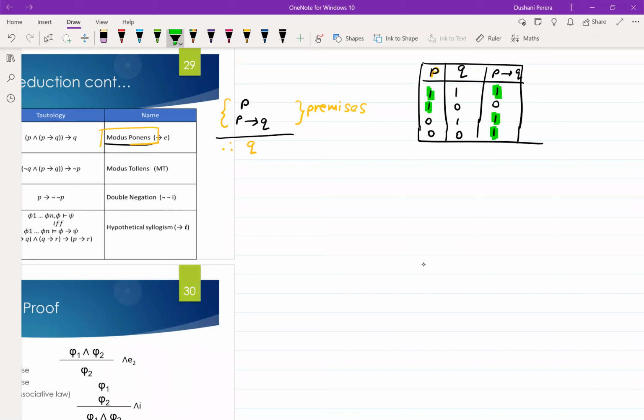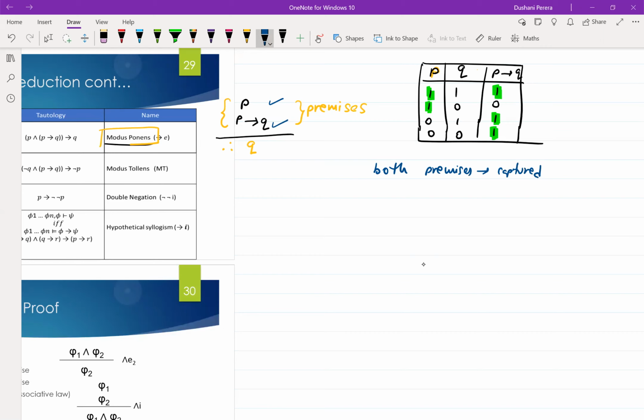Okay. Now how do we derive the conclusion? To get the conclusion, we have to check the combination of valuations where both the premises intersect. The valuation that captures both premises is what we have to select. In this case, both premises should be captured.